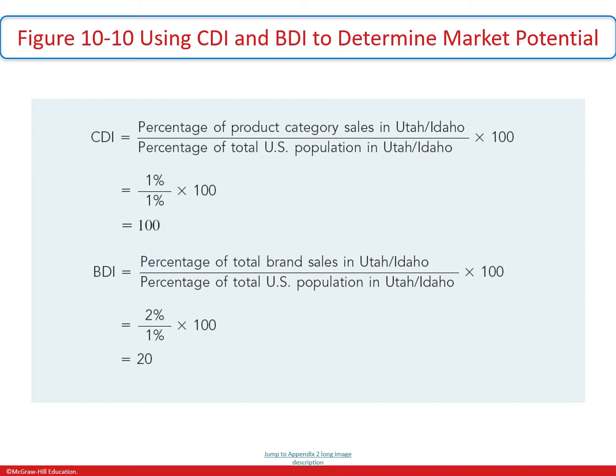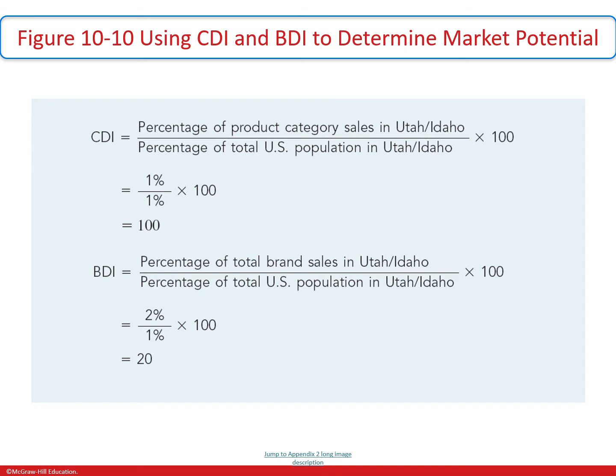Because here's the thing, if there is potential for the category to grow, there is potential for your brand to grow, unless there is something wrong with your brand as opposed to other brands. And the truth is, wherever there is potential for your brand to grow, there is potential for any competing brand in your product category to grow as well. Whereas a BDI is going to look at how your brand is growing.